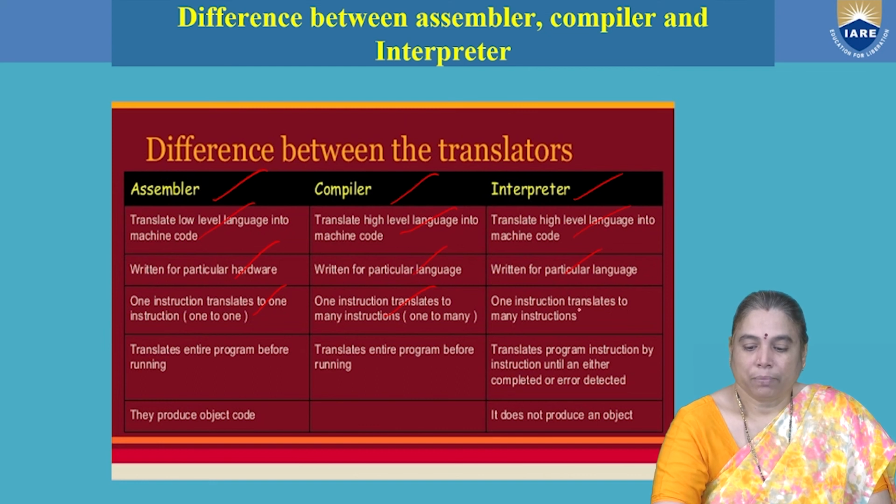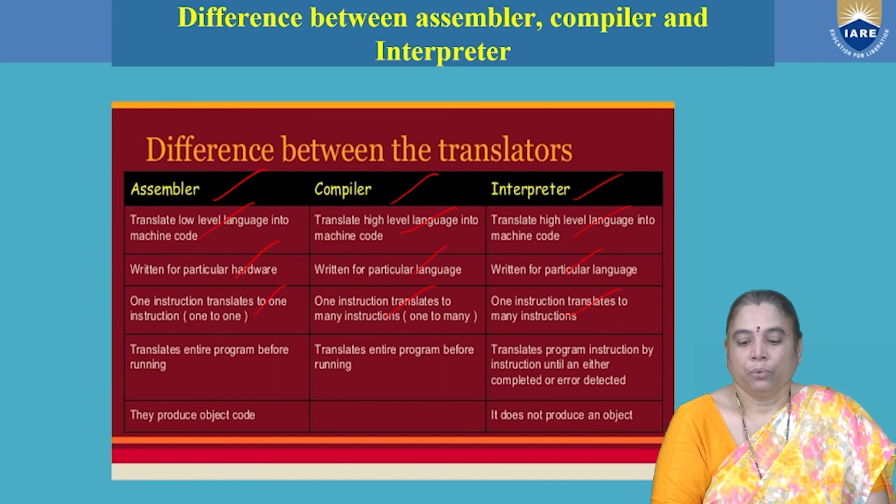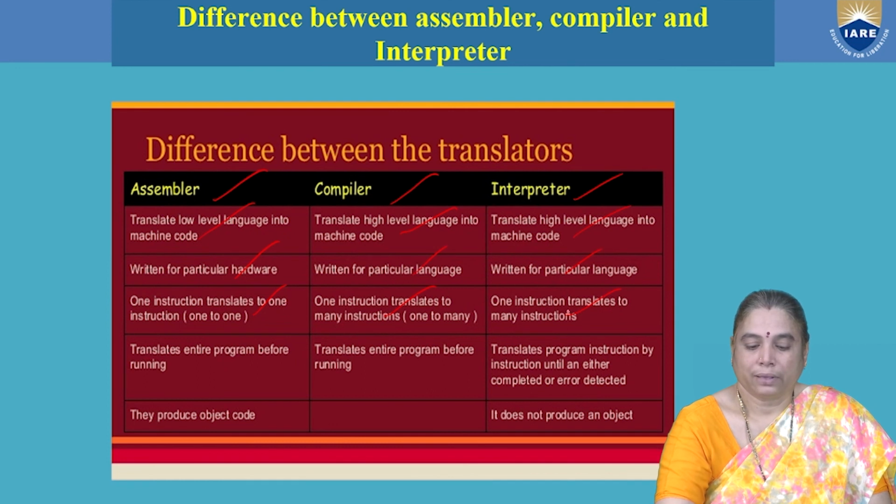In case of the interpreter it is also line by line, so there is also a one-to-many instruction translation, but one-to-one has to be done if any errors exist. The compiler translates the entire program before running. The interpreter translates instruction by instruction.